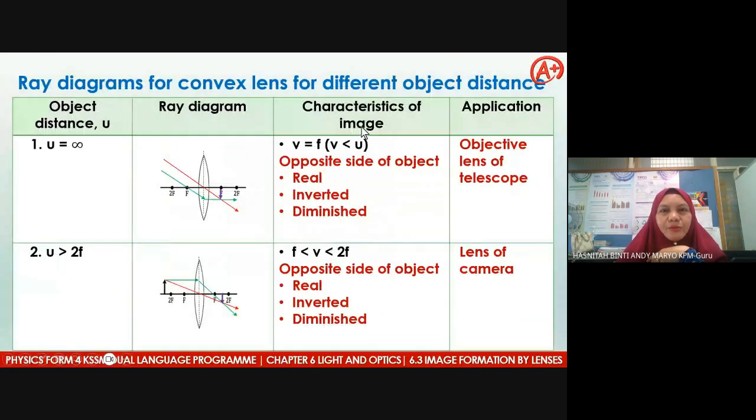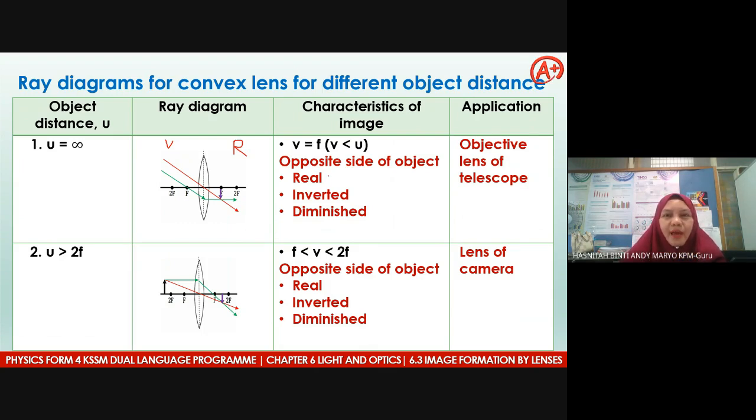So this will give us the characteristics of the image. Students, how to memorize this? Very easy. This is the front part of the lens, where normally we place our object. If the image forms here, the image will be virtual. If the image is formed behind the lens, at the opposite side, we call it real.